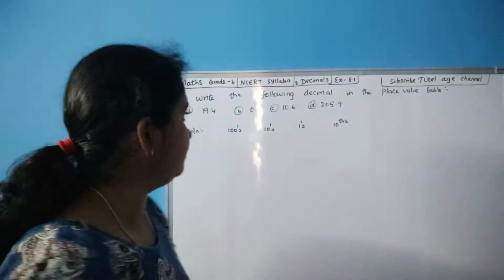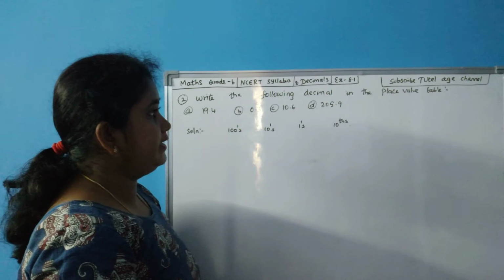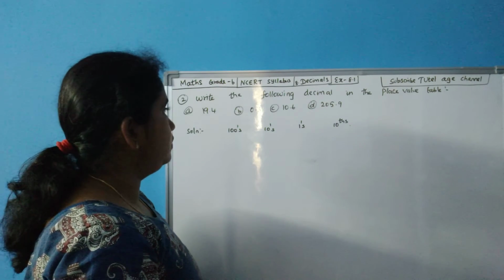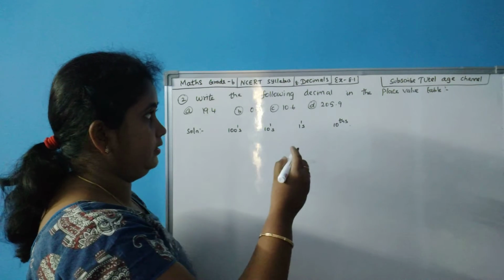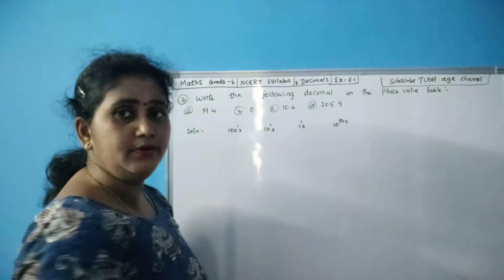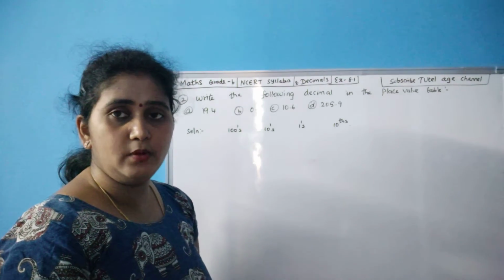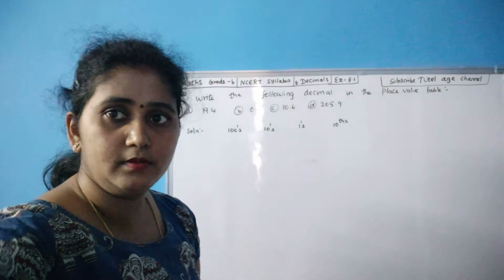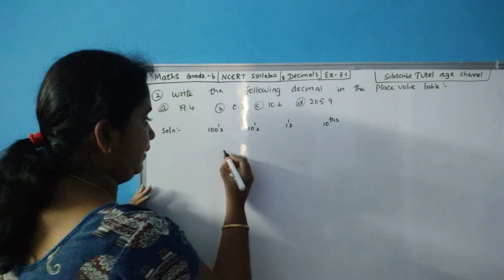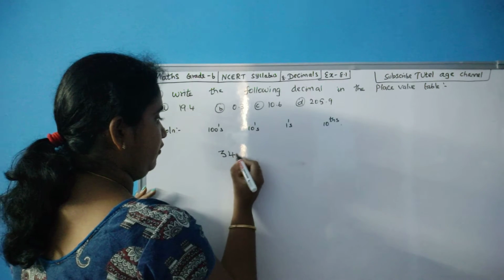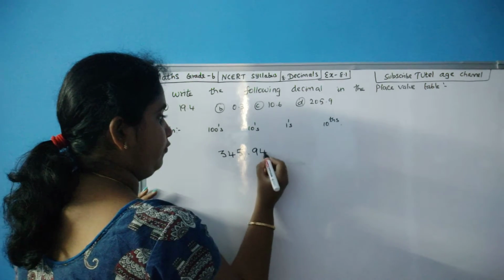So see the second sum. Write the following decimals in the place value table. These are the given decimals and you have to write them in the place value table. Hope you understand. So before going into the sum, I am telling you an example, 345.945.